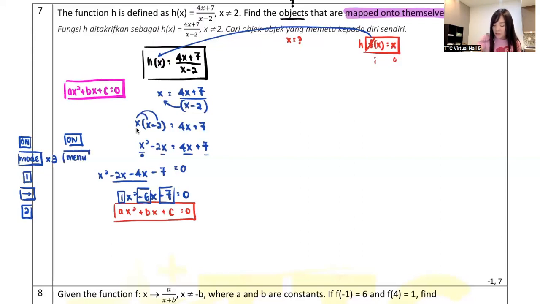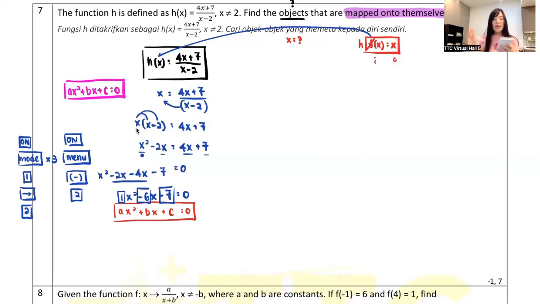Menu is beside on. Then you press a button that looks like a dash button. This dash button is the bottom of a fraction button. So menu, dash, and then you press 2.